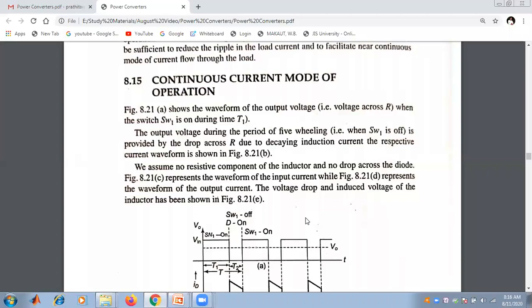From the name it is clear that in the continuous current mode there is no discontinuity in the current. So current will remain continuous.